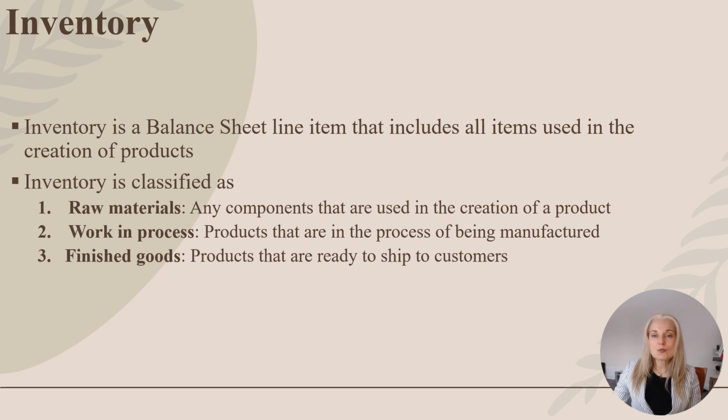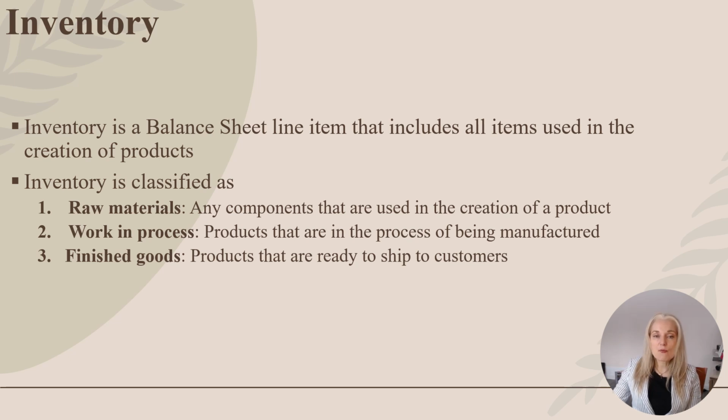This is what you would be sourcing from another company. So for example, if I was a stainless steel manufacturer, one of the products that I would be purchasing to make stainless steel is nickel. So this would be raw material.